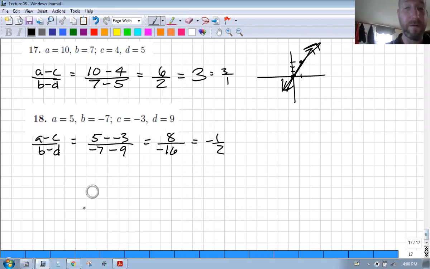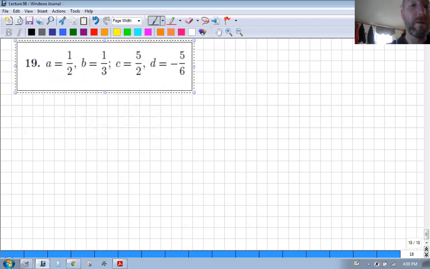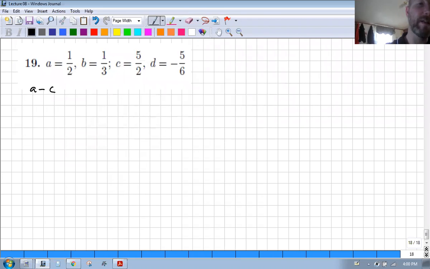All right. Let's get a new page for this one. This one has a bunch of fractions. A minus C over B minus D. A is 1/2. C is 5/2. B is 1/3. D is a -5/6.